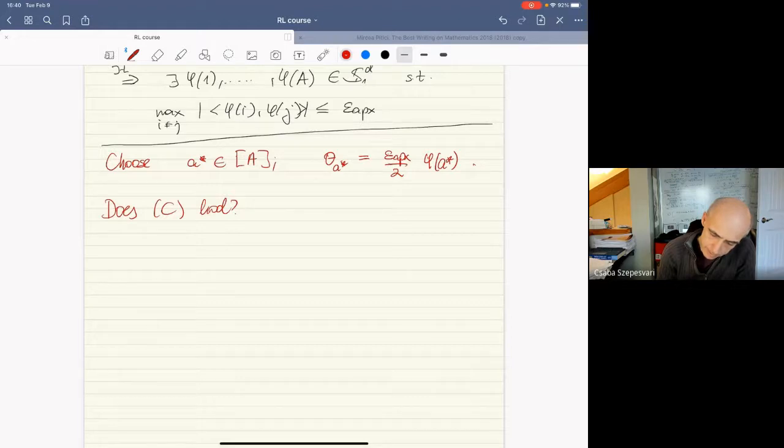If you take any action A, you have to take the inner product with theta, A star, and you have to compare it to the reward. So what is this? This is just the inner product between phi A and phi A star.